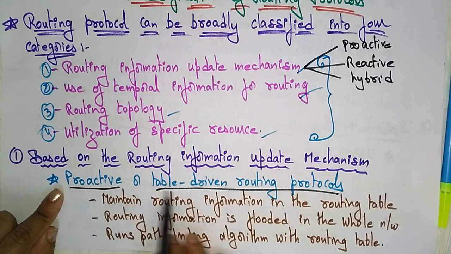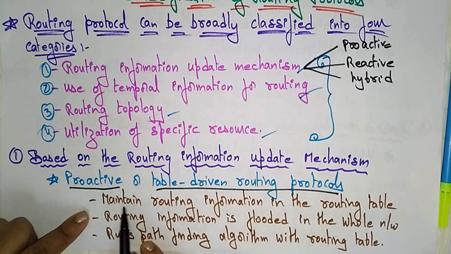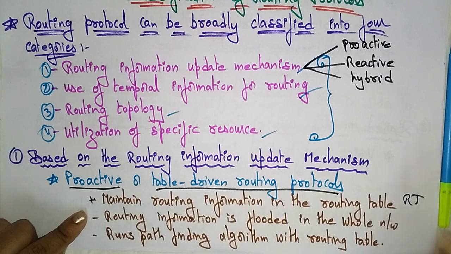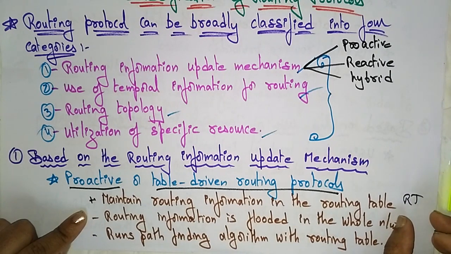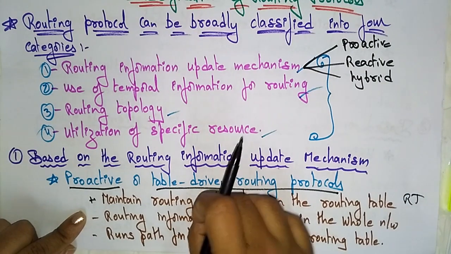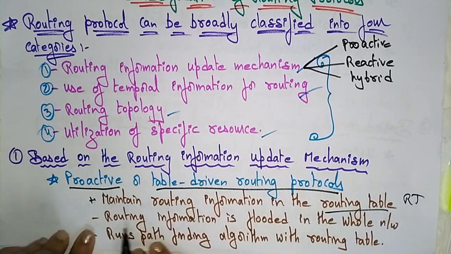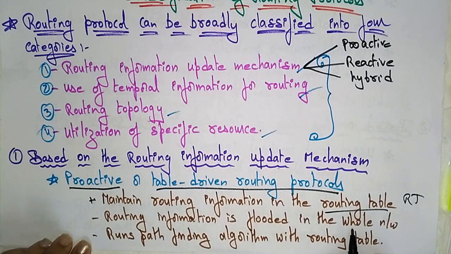The proactive or table driven routing protocol maintains routing information in the routing table. So first it maintains the routing information in one routing table. In that table everything relating to the packet transmission is stored, meaning which node it is going to and where it is coming from. The routing information is flooded in the whole network.